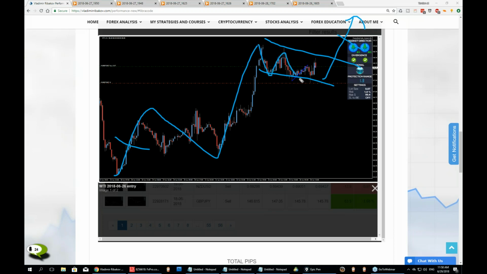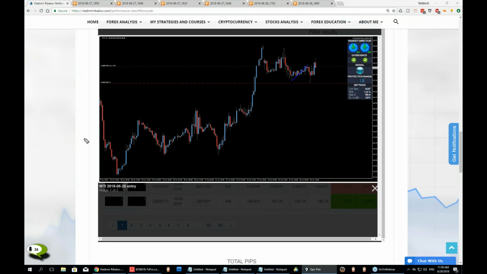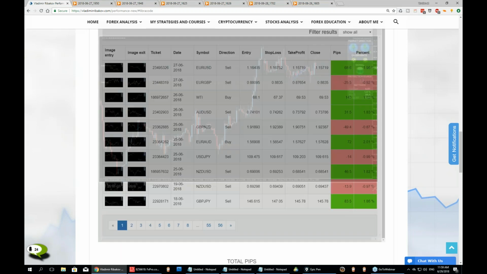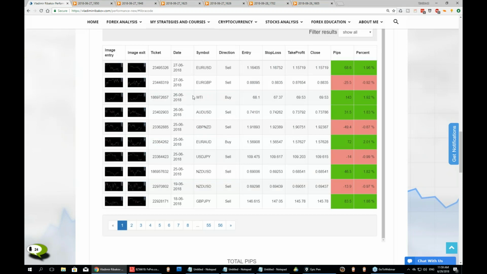So basically we are playing here with a double wave instead of looking for a flag. Because if it was a flag, chances were we would push lower. Well, it is a flag, but for me the double wave gave the idea and the goal to actually go ahead and buy. Okay, so that's about Mr. Oil.